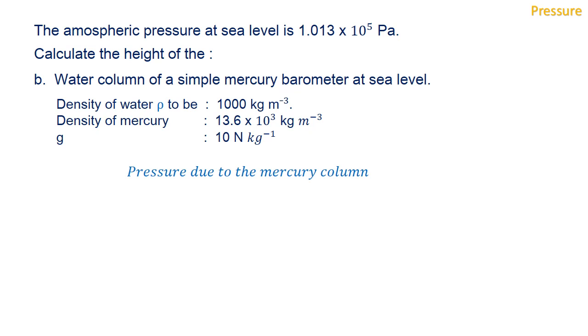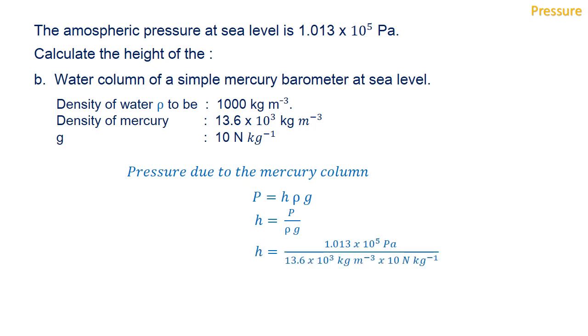Pressure due to the mercury column: P equals h rho g. h equals 75.9 centimeter.